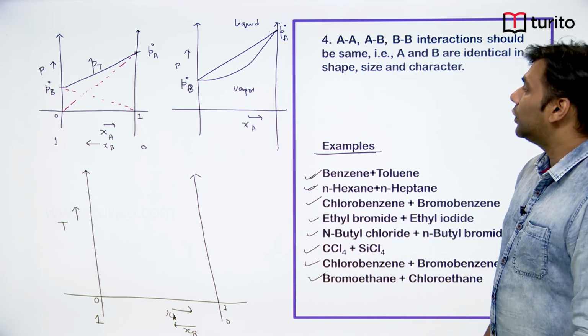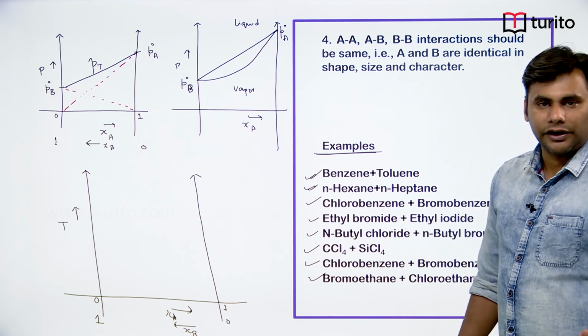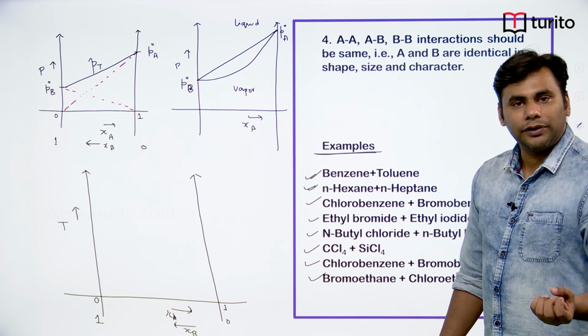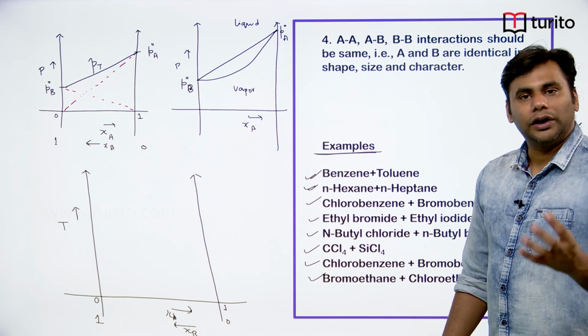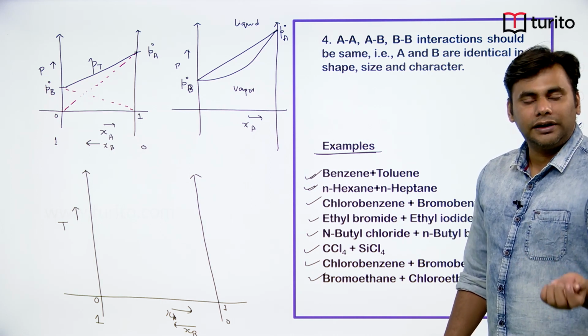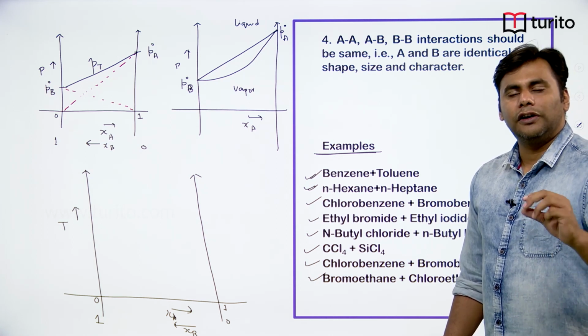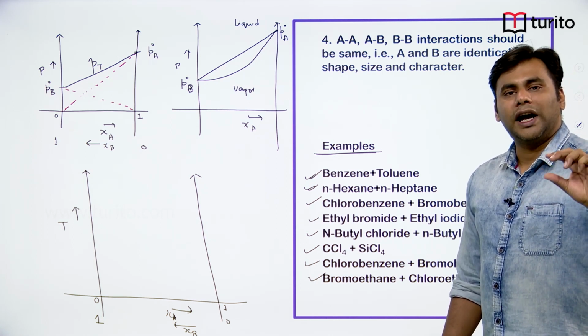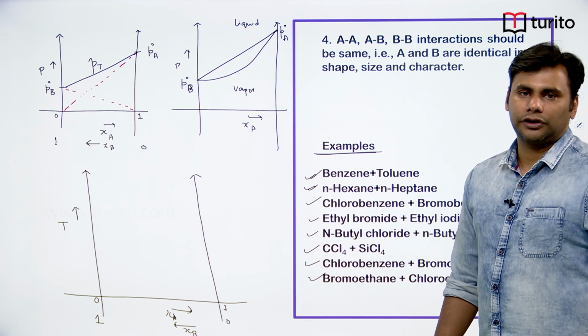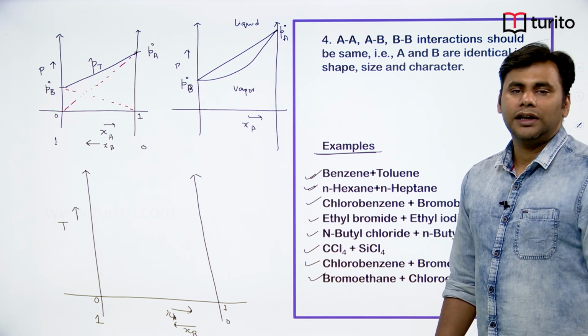Okay. Now, because we know that A has more vapor pressure, it has to be heated less, because its vapor pressure was already more. If we supply a very small quantity of heat, it will form the corresponding vapor, so that the total vapor pressure becomes equal to the atmospheric pressure. So its boiling point would be less.